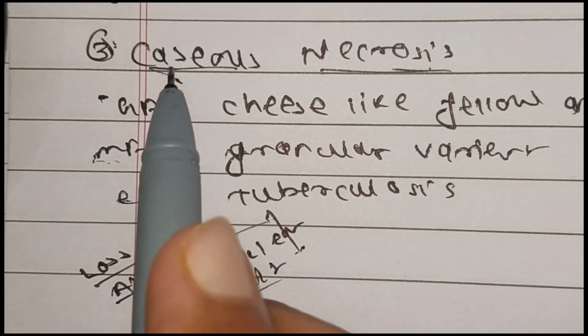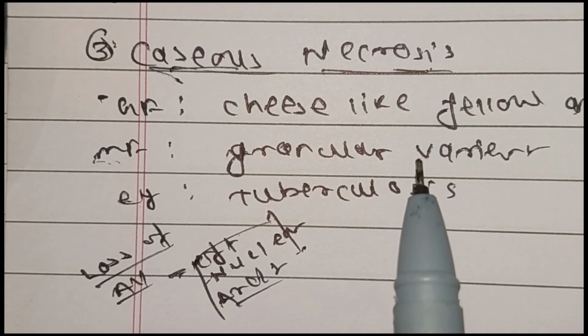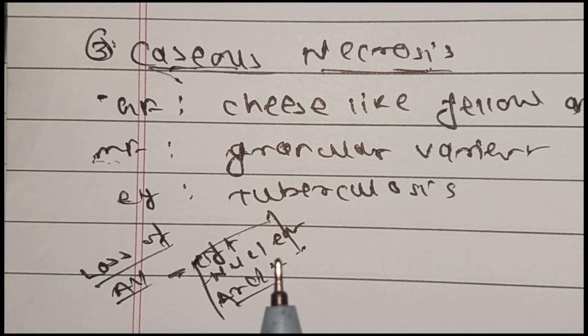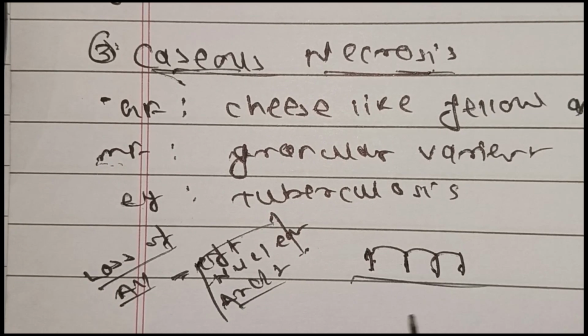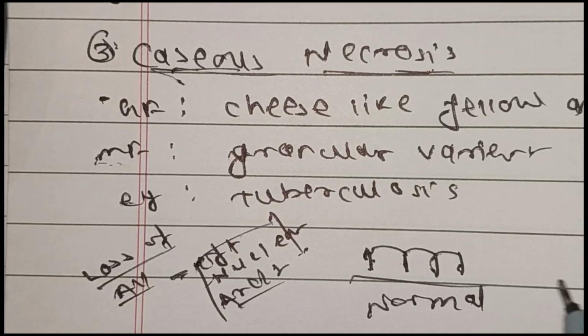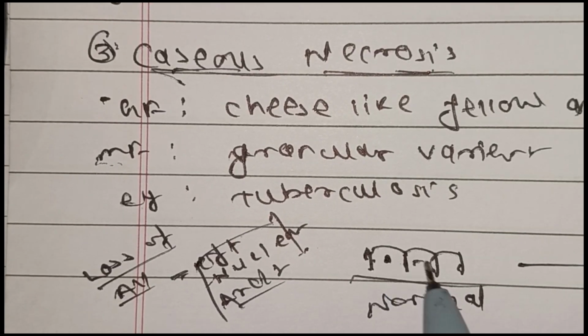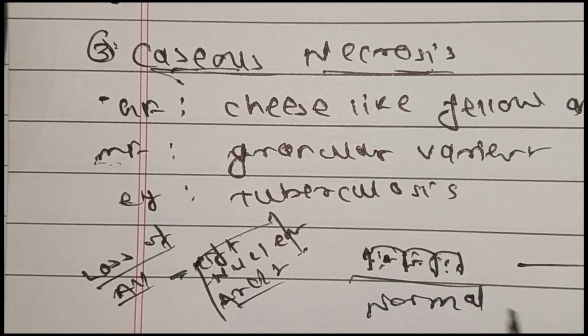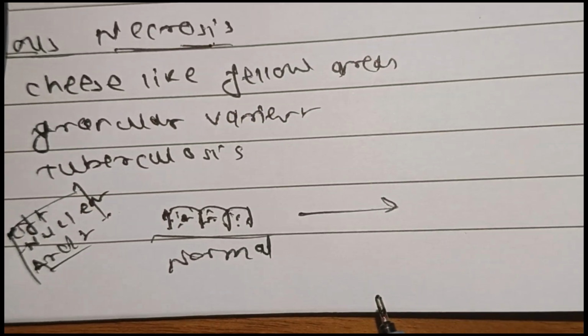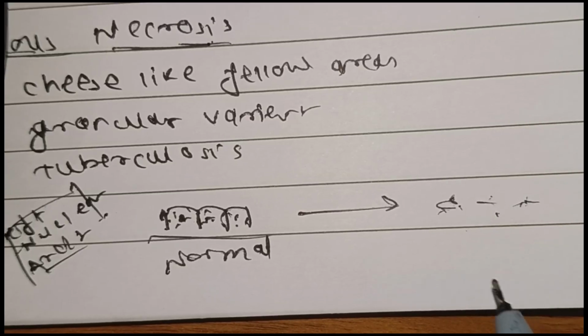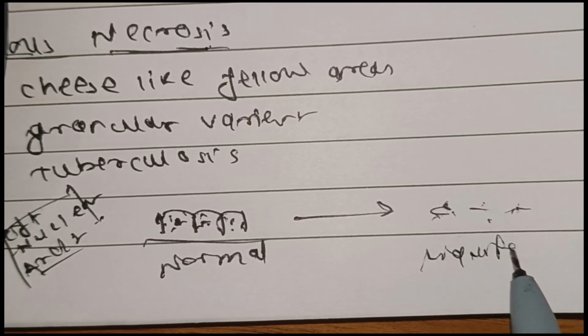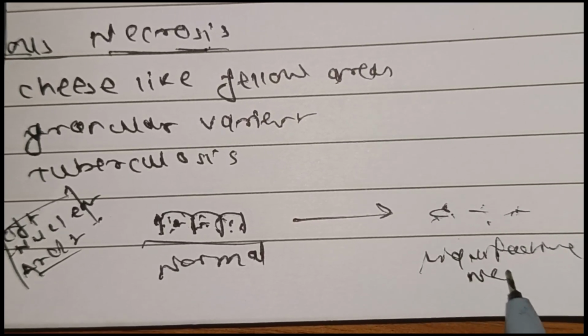But the difference is that in caseous necrosis there are no liquefied centers, which are present in liquefactive necrosis. So let's draw a diagram for liquefactive necrosis. This is normal, with the nucleus, architectural detail, and cytoplasmic details. But in liquefactive necrosis there is completely lost architecture, and liquid is present.